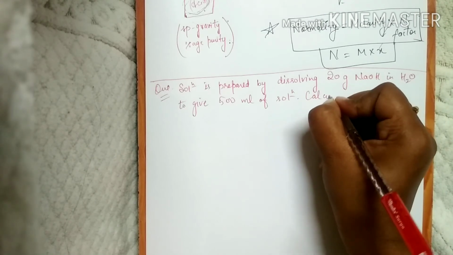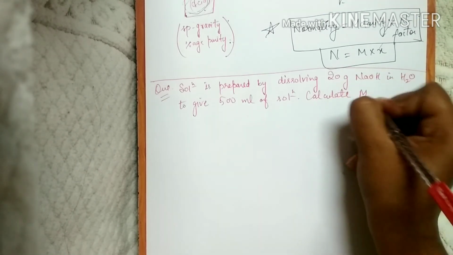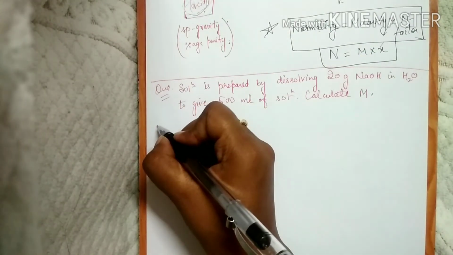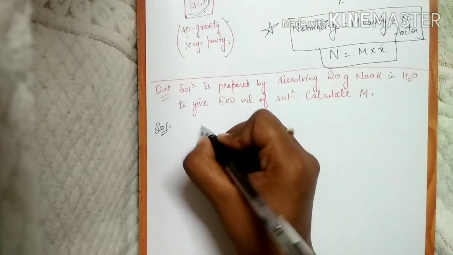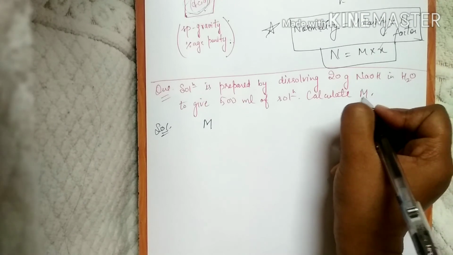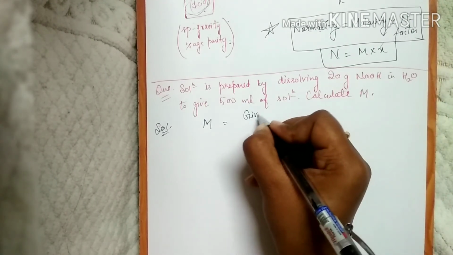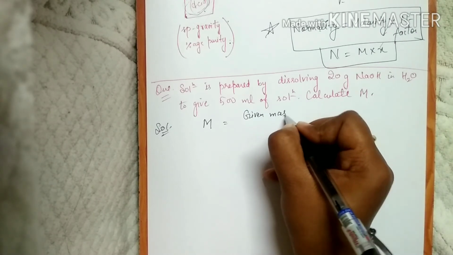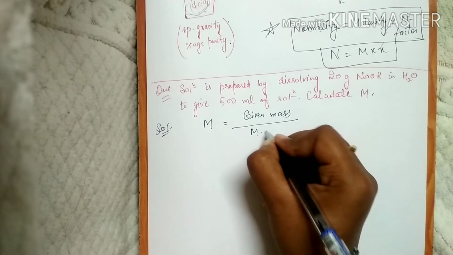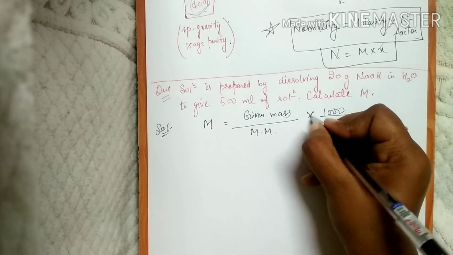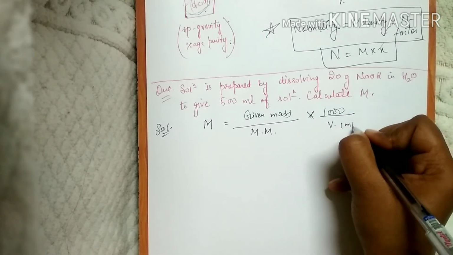Calculate the molarity of that solution. Okay, so how to approach this? Just write down the formula for molarity, because we have to find out the molarity. Molarity is mass of solute upon molecular mass of solute into 1000 upon volume of solution in ml.